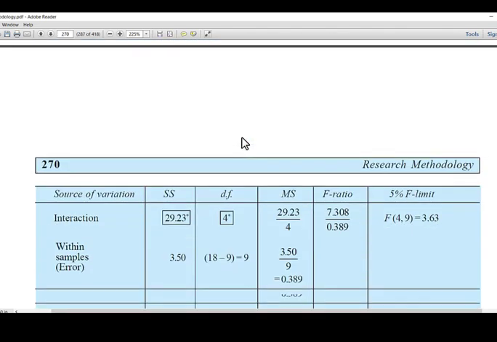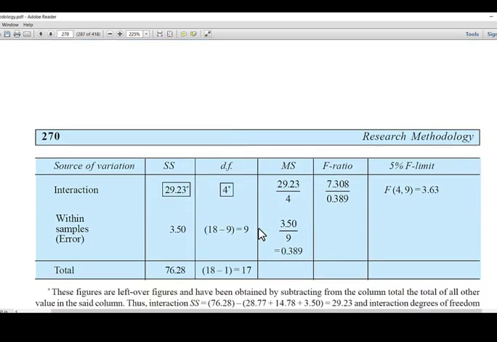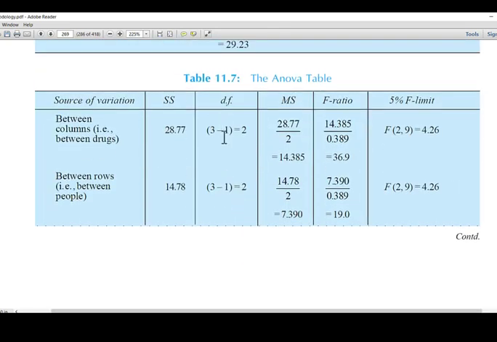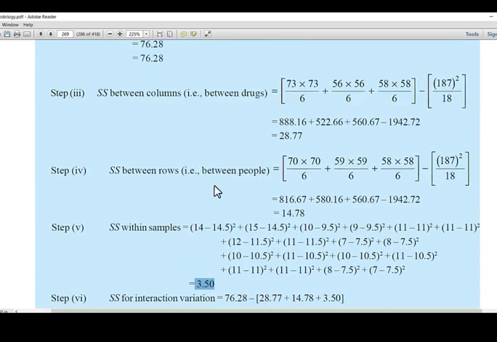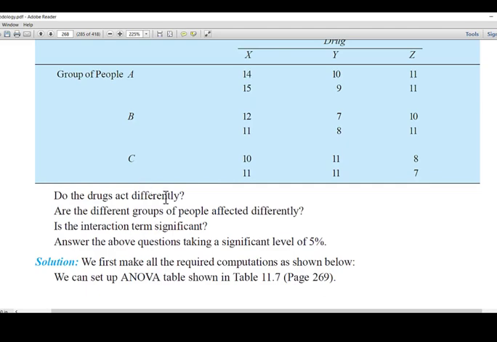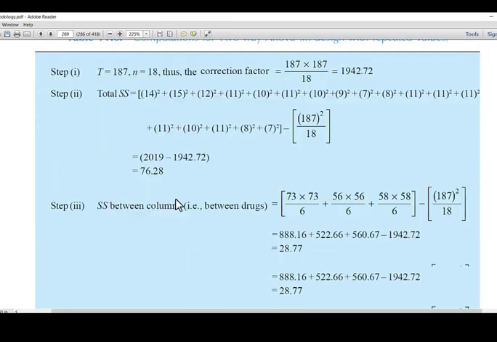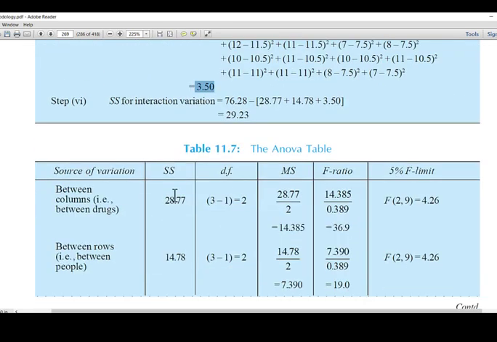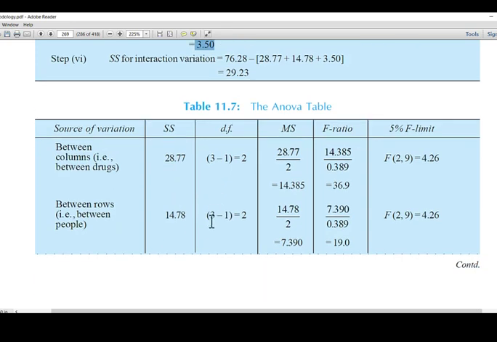Okay, now coming to our discussion, the degrees of freedom. Here number of columns are 3. So C minus 1, 3 minus 1, that is 2. And number of rows, 3 only, because 3 groups of people, that is here A, B, C, so 3 minus 1, that is 2.